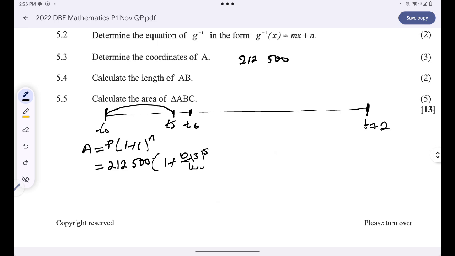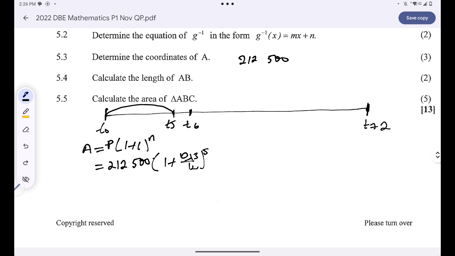So I'll simply say 212,500 multiplied by 1 plus 0.13 over 12, all raised to the power 5. Why? Because Thabo has missed 5 payments.